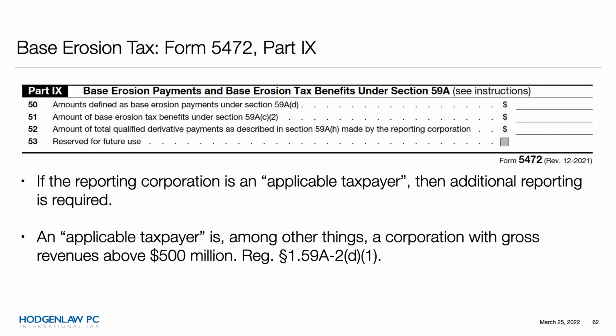And that's somebody, or an entity, that has gross revenues of 500 million or more. And I commend the instructions to you. This is going to eliminate 99% of those of us in the audience from even caring about this. We're just going to leave it blank and carry on with our lives happily.